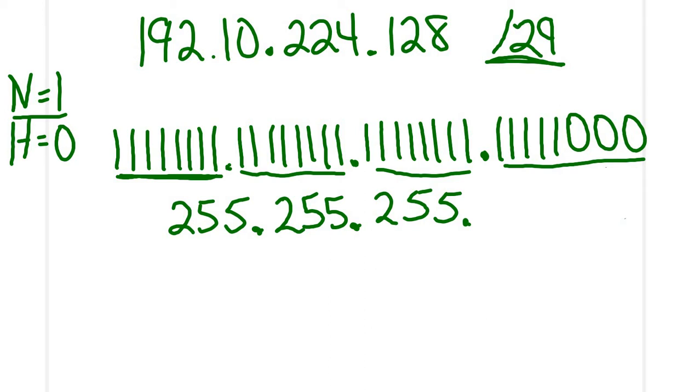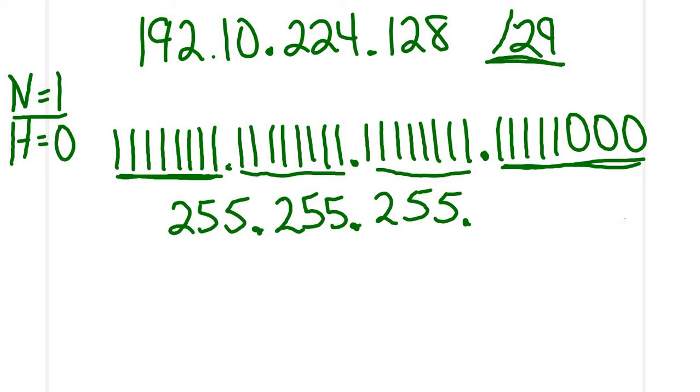Okay, so this last octet I've got to actually calculate, and so I'm going to use my little shortcuts where I add up the place value that each one of those ones represents.